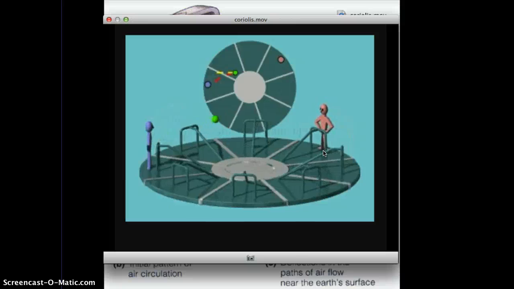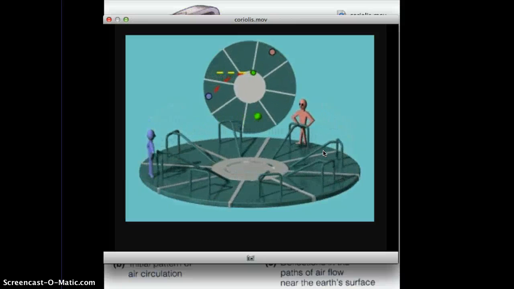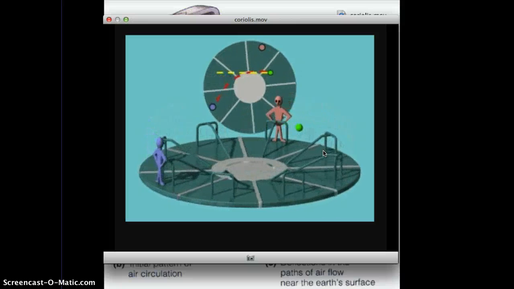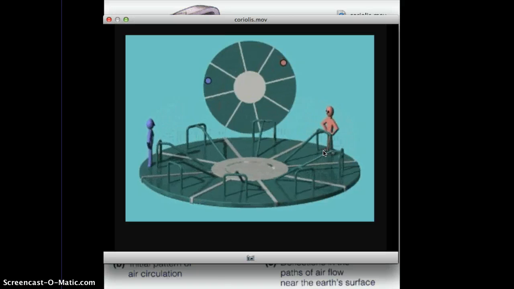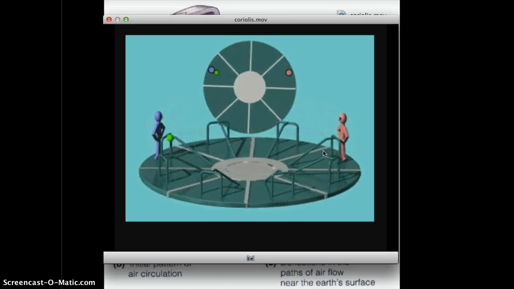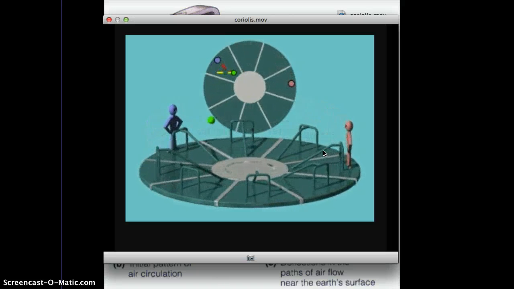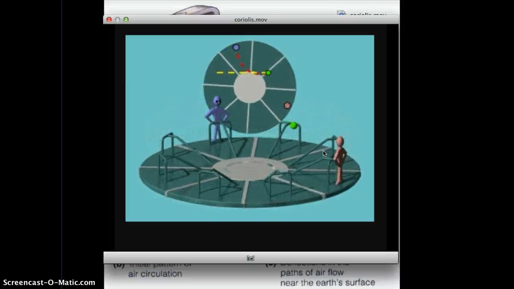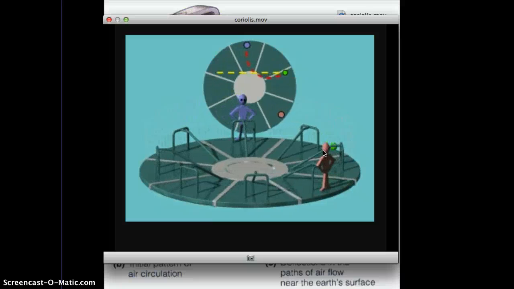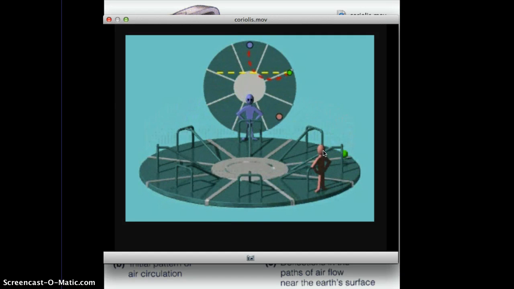Although it flies straight, it appears to be deflected from its original path. Apparent deflection increases as the ball travels farther. In the southern hemisphere, rotation is clockwise when viewed from over the pole. Again, the ball follows a straight course, but its apparent flight path is diverted. This time, the effect is to divert the motion to the left.